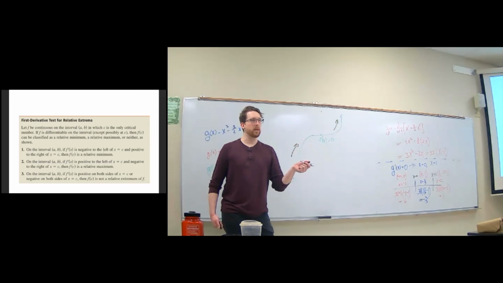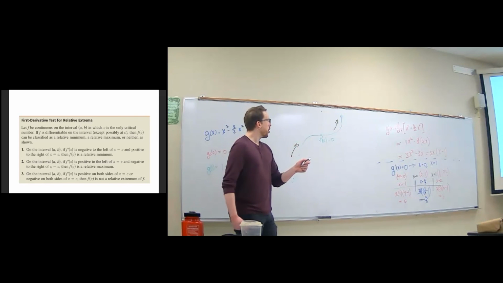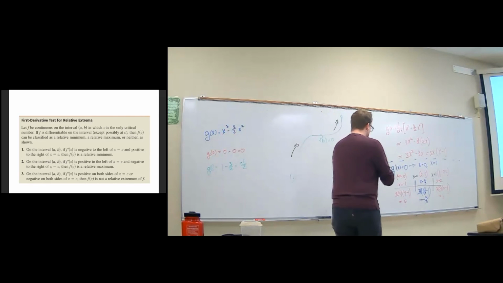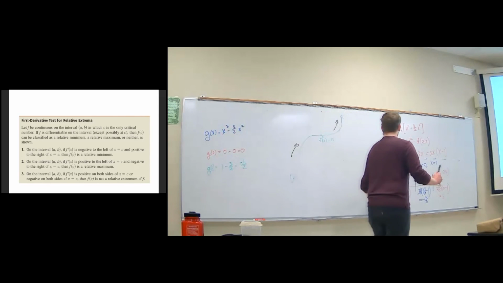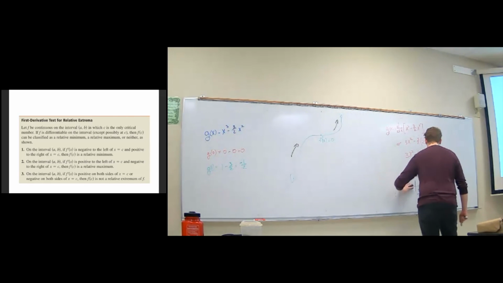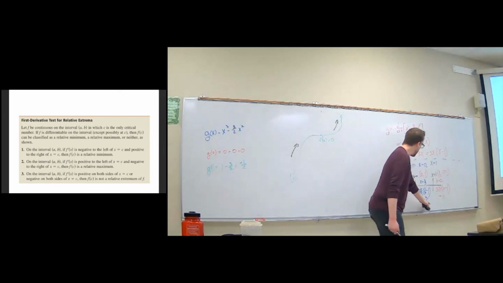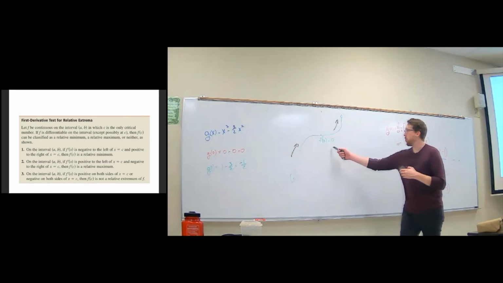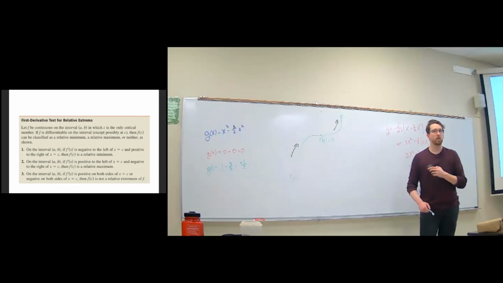Does that make sense? Yeah, because that's what makes it an extreme. Exactly. So when checking for relative extrema, you've got to check for this change in direction, as well as whether it's a critical number.